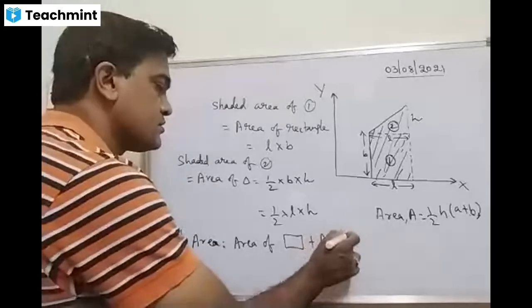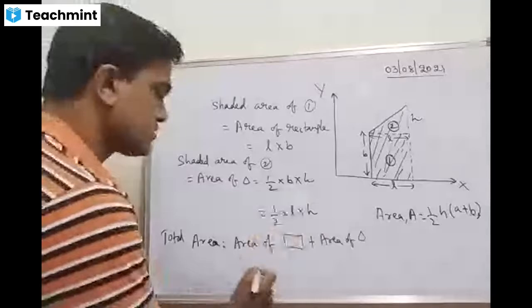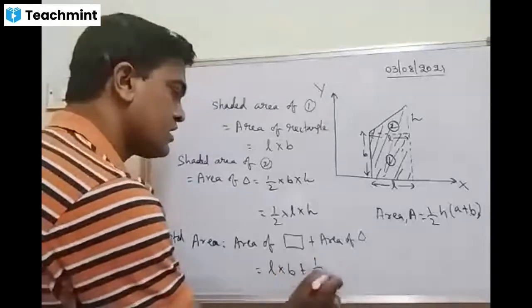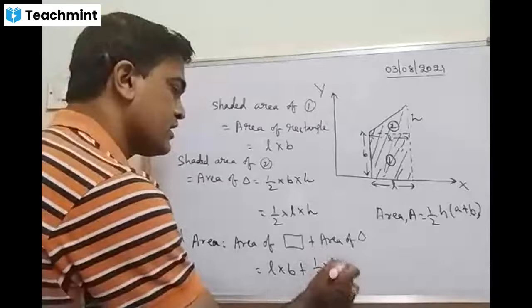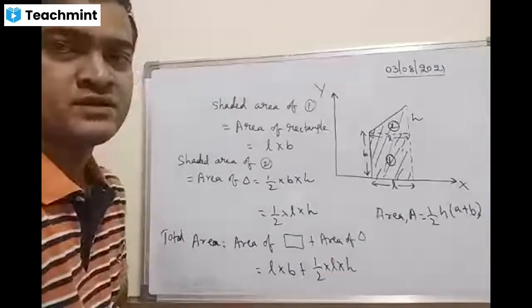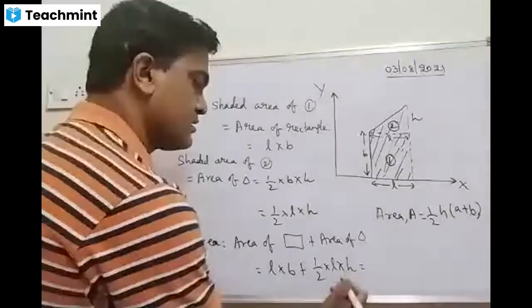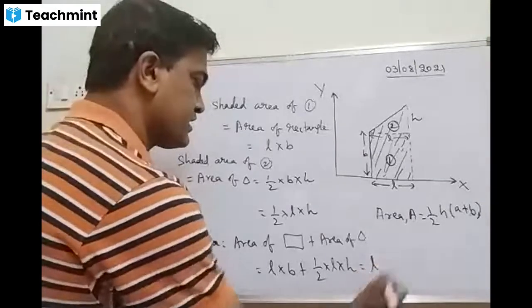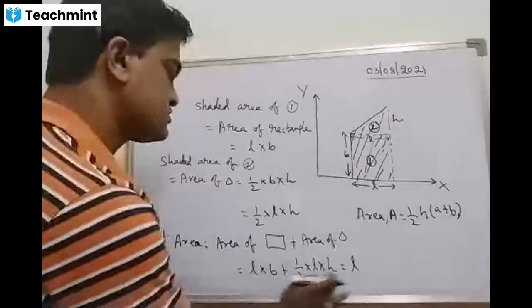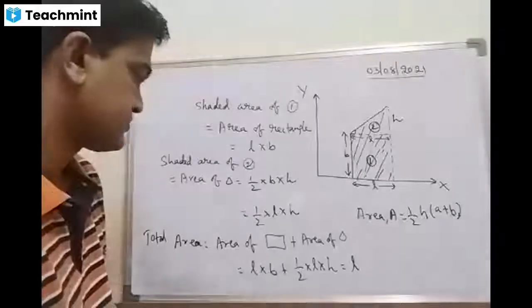Area of rectangle is nothing but L into B, plus for the triangle, half into L into H. Now can I take any parameter as common? I can take L as common. If I take L, what am I getting in this? I think I made some mistake somewhere.